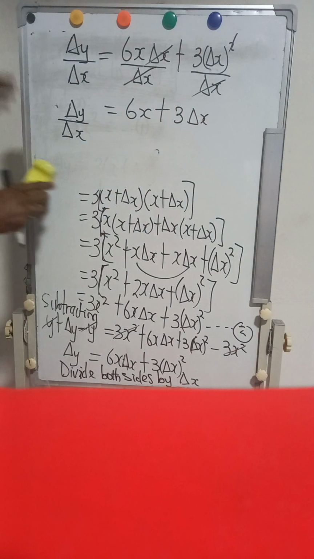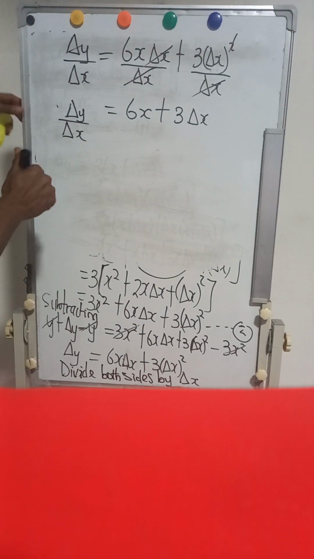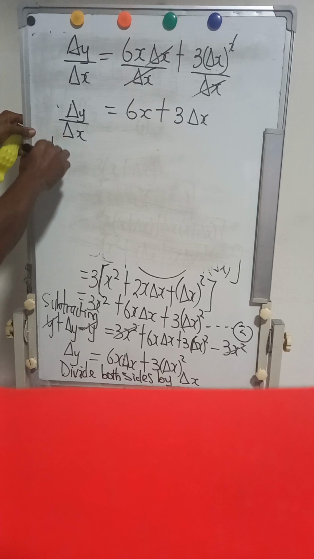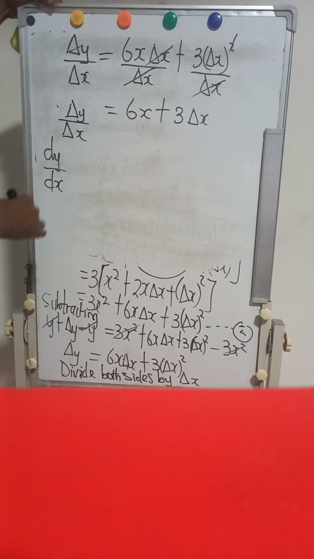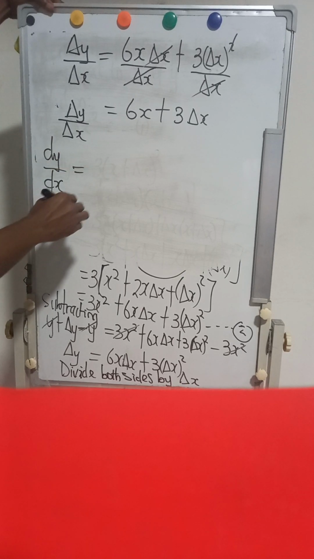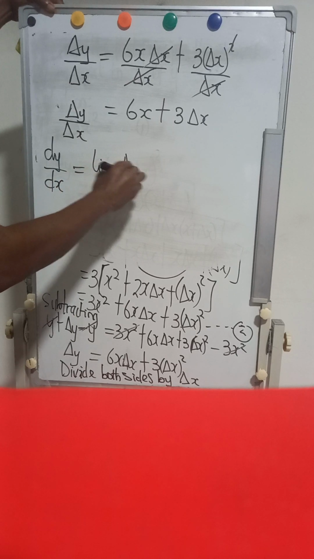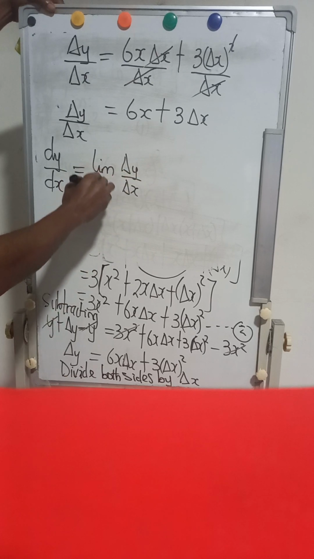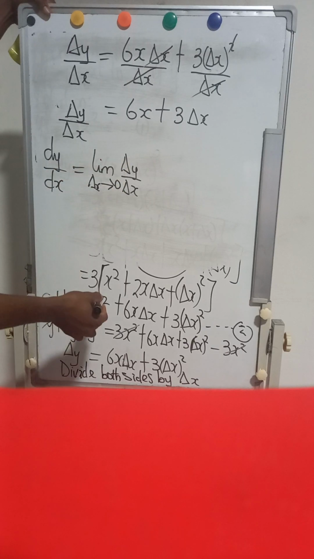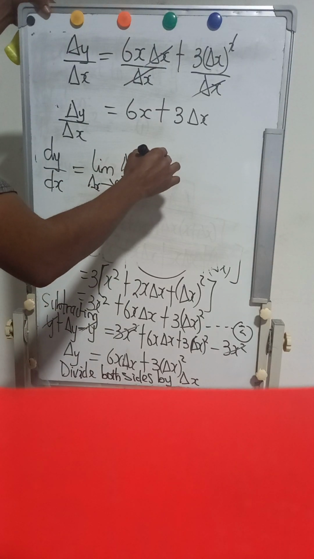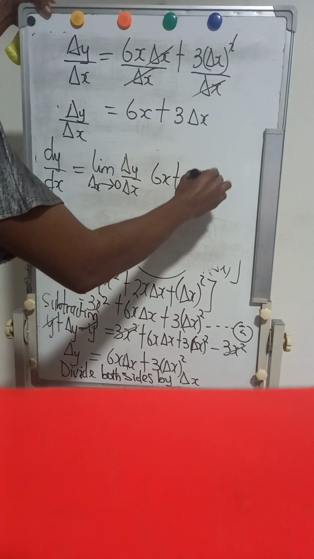Now we take the limit as delta x tends to 0. So we say dy dx is equal to the limit of delta y over delta x as delta x tends to 0. Taking the limit as delta x tends to 0 will give us 6x plus 3 times 0.